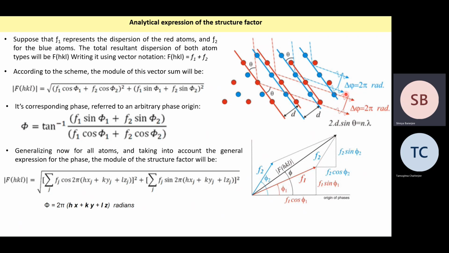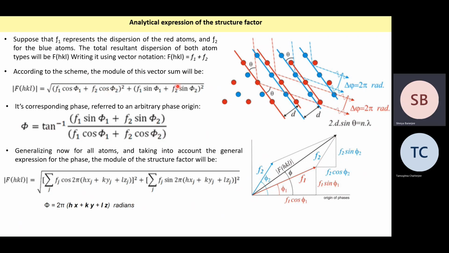From these, you can sum up the red diffracted beam and the blue diffracted beam to get the net structure factor, which is the amplitude of the resultant diffraction spot defined by this formula.